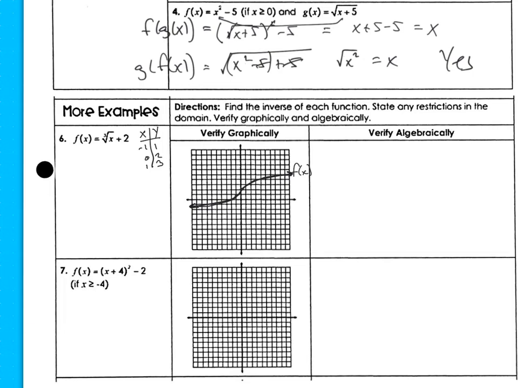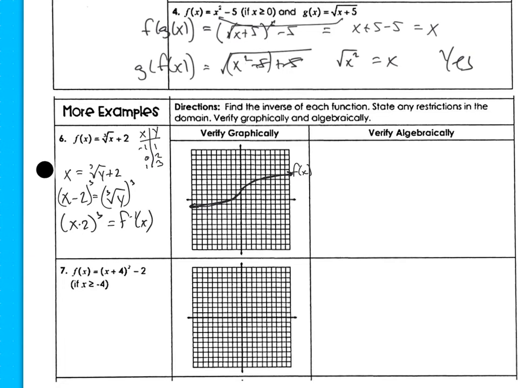So it does pass the horizontal line test, which means we could go ahead and find the inverse. So let's find the inverse, switch the x and y. X equals the cube root of y plus 2. So x minus 2 is the cube root of y. And then we put both of these sides to the third power. So we have x minus 2 to the third power equals our inverse.